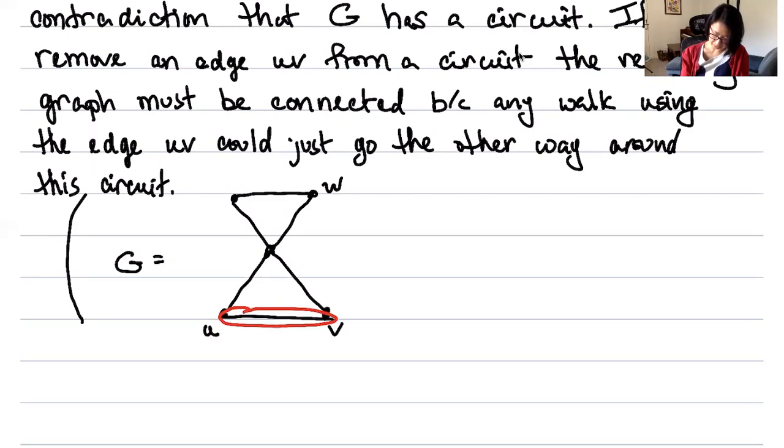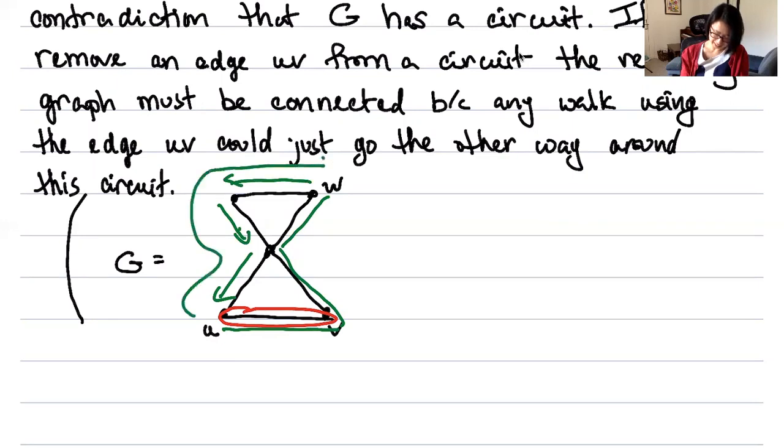If I had been going like this, maybe in green, U to V to W, instead, I would go the other way around the circuit. So there's a circuit that goes around this way. And so instead of walking from U, V to W, I would go this way to get to W, the other way around the circuit, okay? So you have to sort of convince yourself of that.